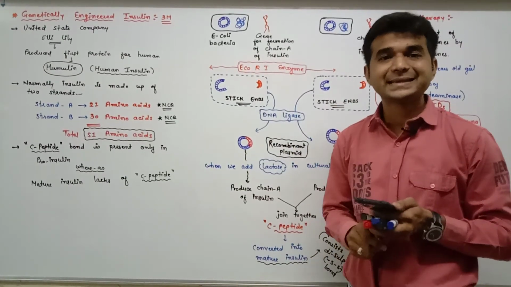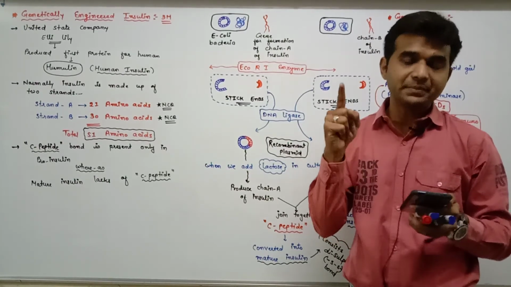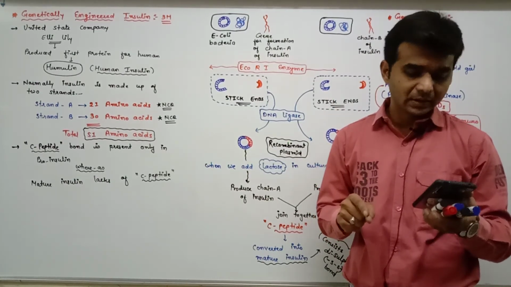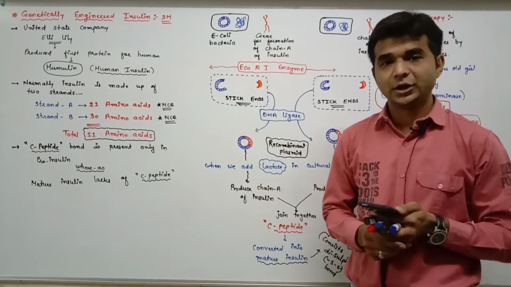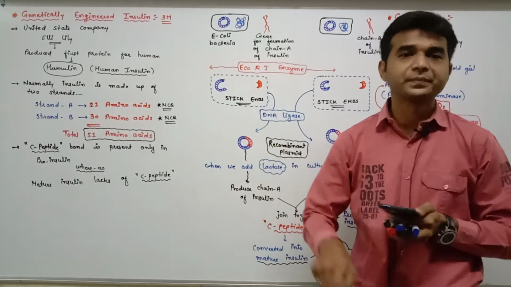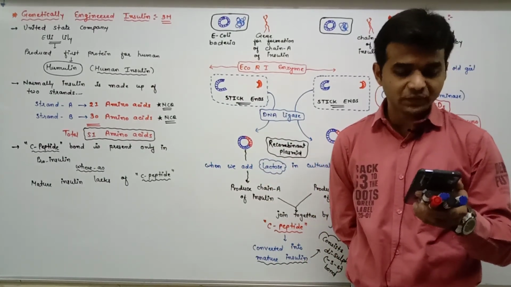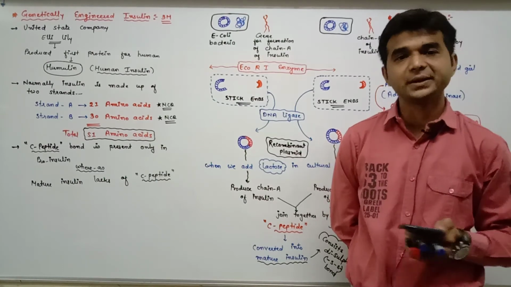Functional ADA cDNA, the cDNA consisting of the adenosine deaminase gene, we can introduce into the lymphocytes, then introduce these lymphocytes back into the patient.